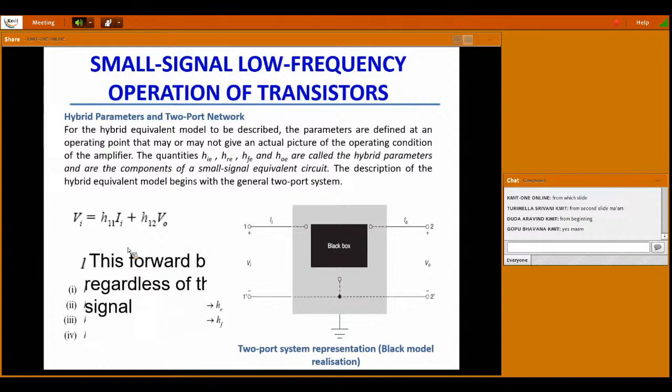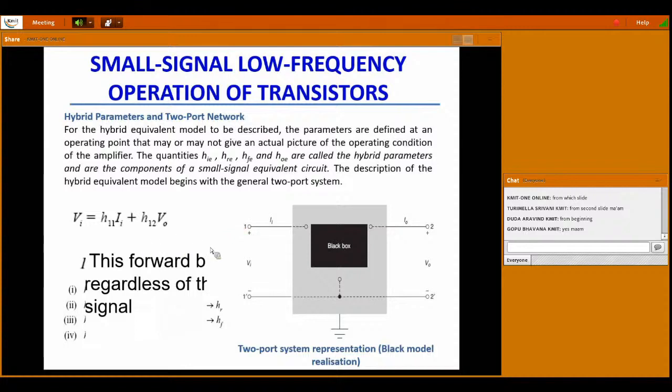Now, in a 2-port network or in an H parameter model, the input current and the output voltage are independent variables, and the input voltage as well as the output current are dependent variables.